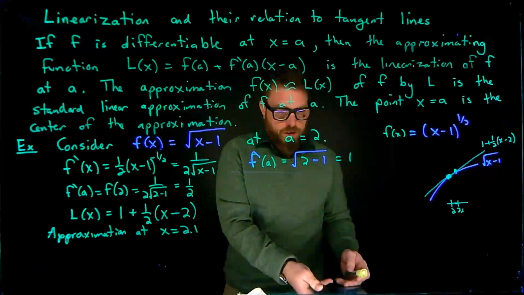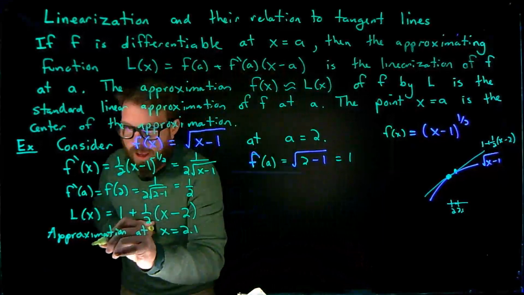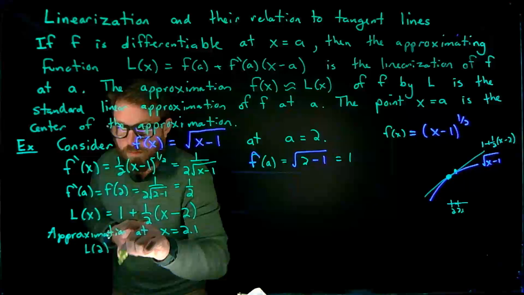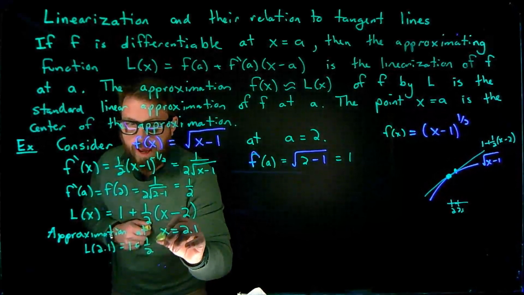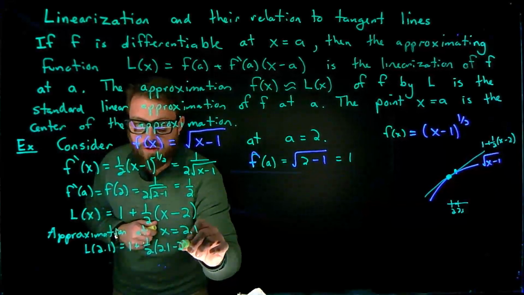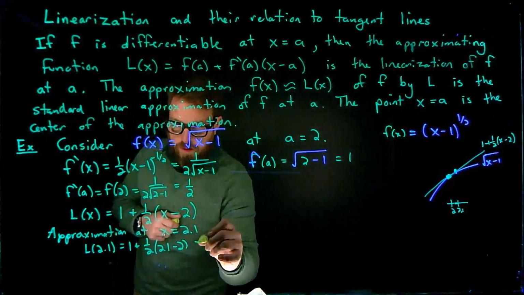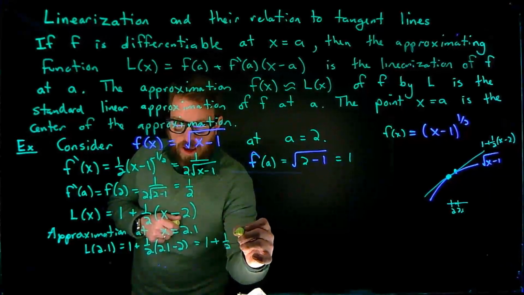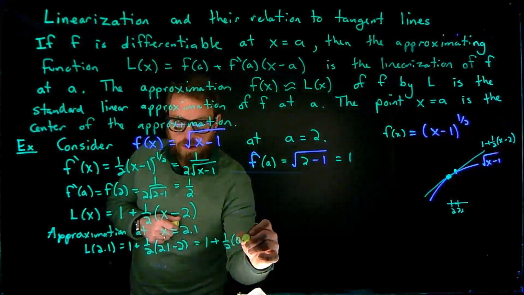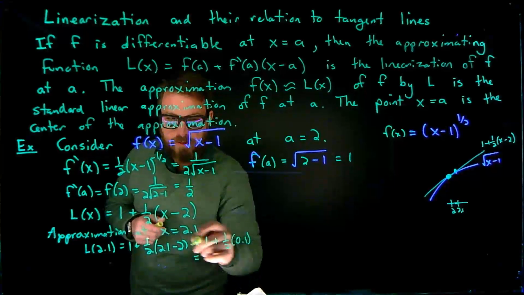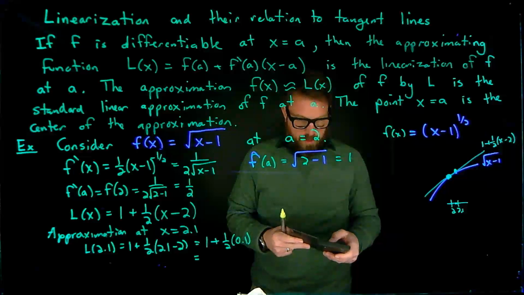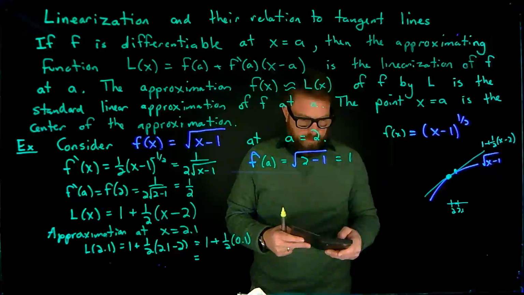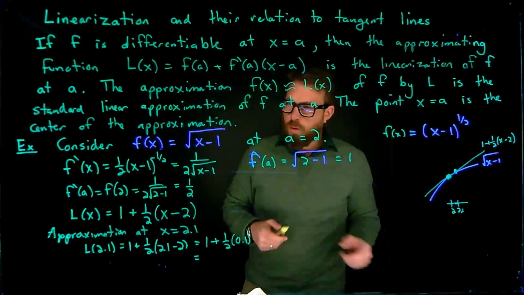So L of 2.1 is going to be 1 plus 1/2 times 2.1 minus 2, which is equal to 1 plus 1/2 times 0.1. So what I get is 1.05.